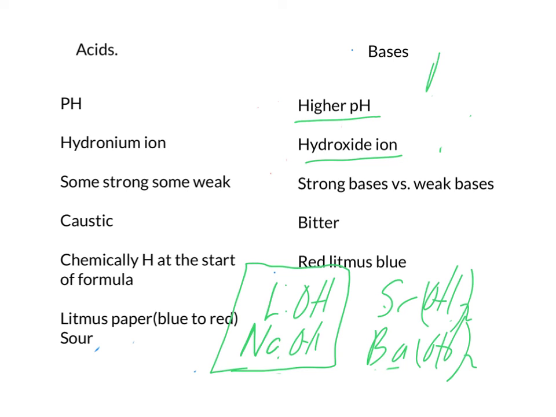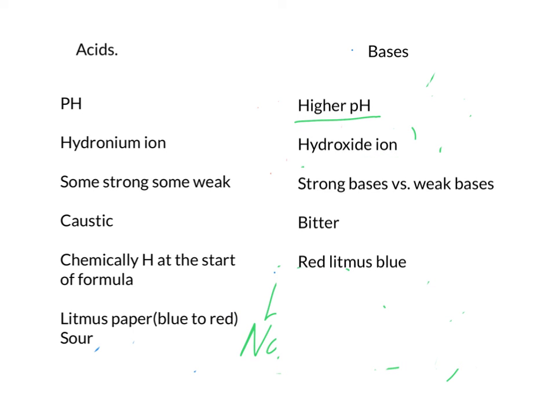The most common weak base that you're going to see in your book, and you probably already know about, is ammonia. Ammonia has the chemical formula NH3, and when ammonia goes into water, it makes hydroxide ions.